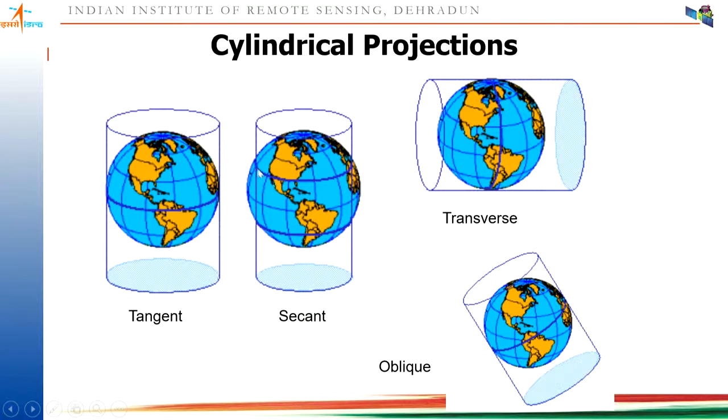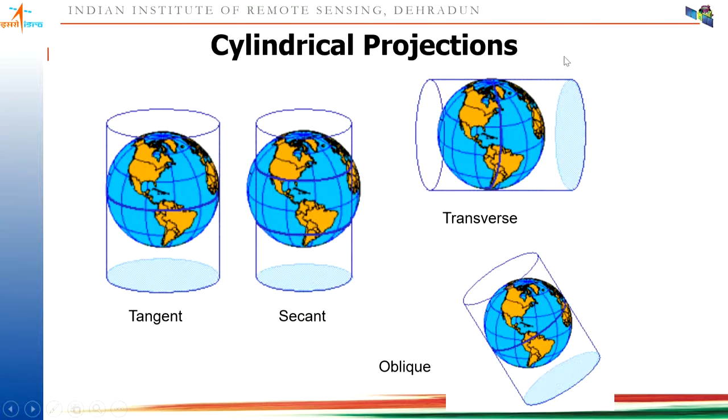One is here, the dark blue one you are able to see, and one is here. So there will be two standard parallels where there will not be any distortion. But when we are moving away, then we will have some distortion. Like this here also, but from there we will go up, so there will not be any distortion here, then distortion will increase slowly. So this is basically the second example.